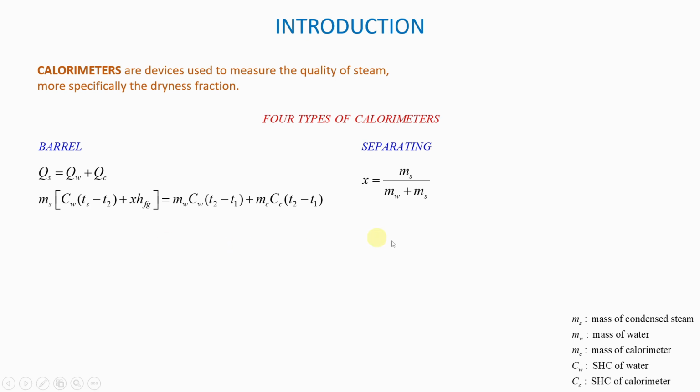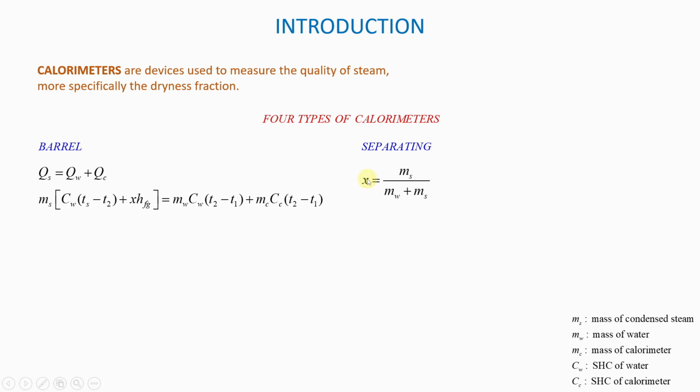As you can see in this equation, we take the mass of the steam, the condensed steam, and we divide it by the total mass. The total mass is the mass of the water plus the mass of the steam. If you use that equation, that allows you to find the dryness fraction of the separating calorimeter.